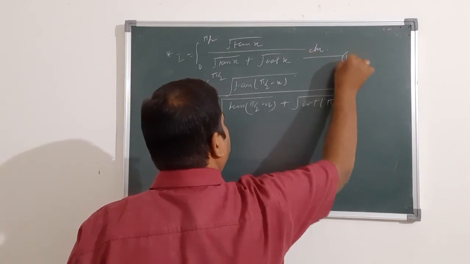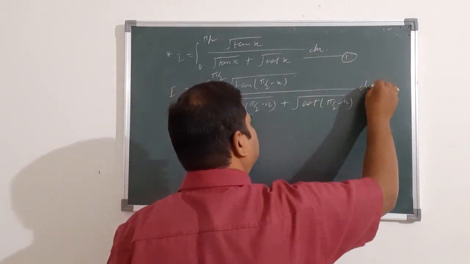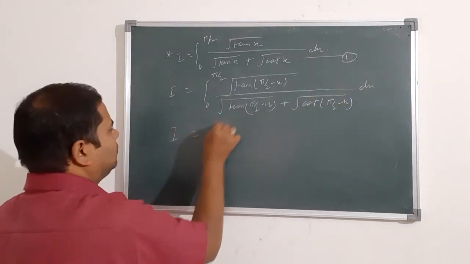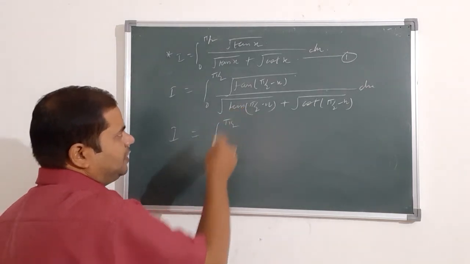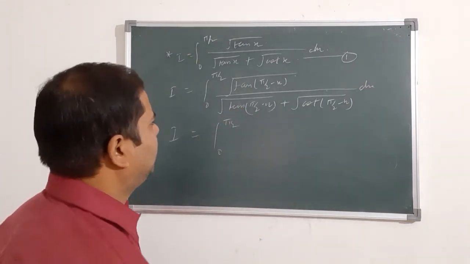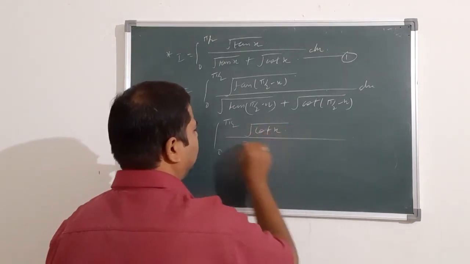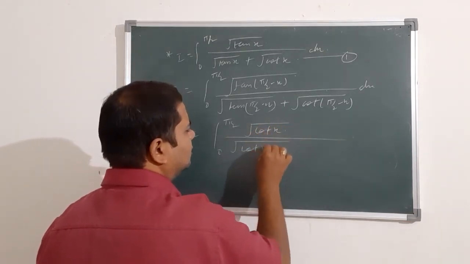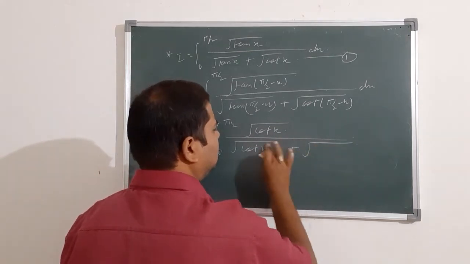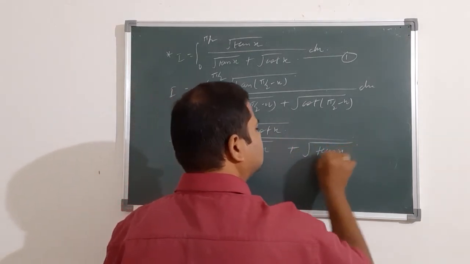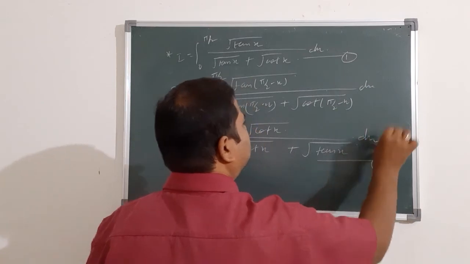This is equation number 1, and this you know very well. This is nothing but I is equal to integral from 0 to pi by 2 of root cot x divided by root cot x plus root tan x. This is equation number 2.